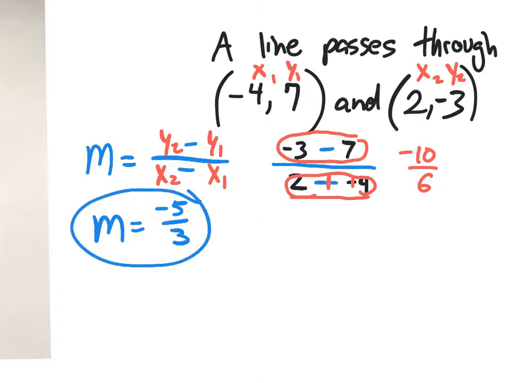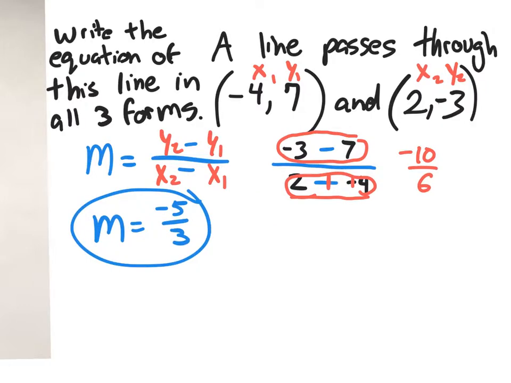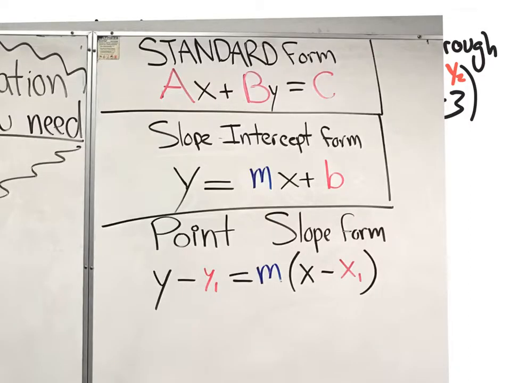So we found the slope, right? Now, if the instructions say, write the equation of this line in all three forms, so far we have a slope, and we also have some points. So it's up to you. If it says all three forms, we're talking about all three forms. You want to make it look like standard form: you don't want any parentheses, you don't want decimals, you don't want fractions.